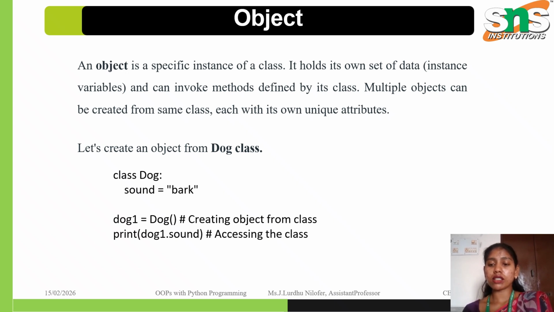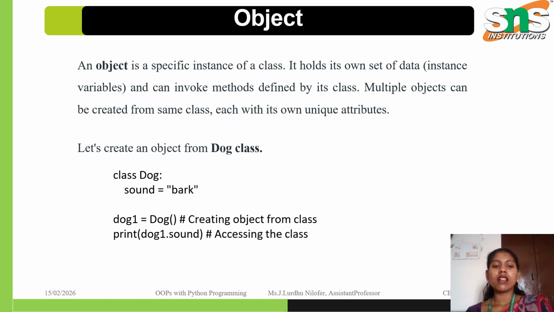Each object or instance has its own unique attributes. For example, class is a keyword, dog is a class name, sound is an attribute, and bark is a class attribute.